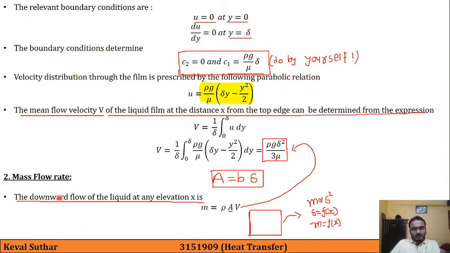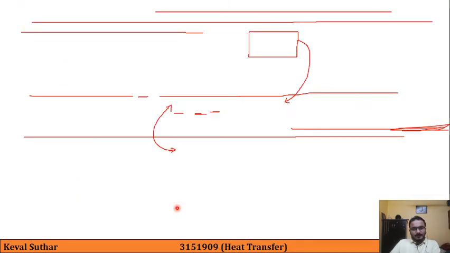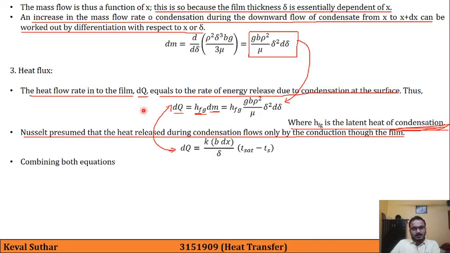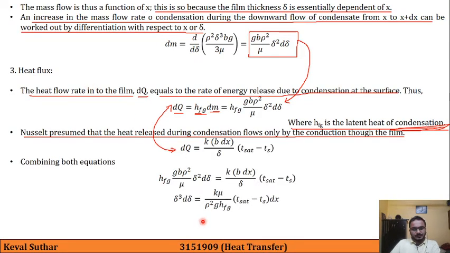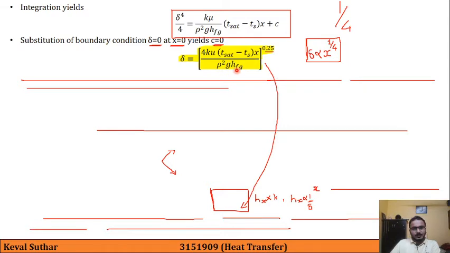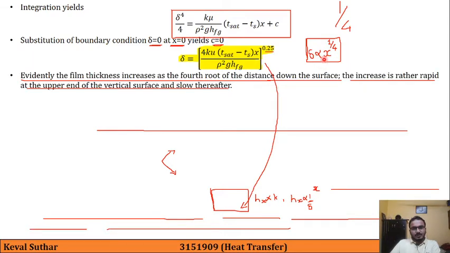Mass flow rate, the next is heat flux. And here we obtained that delta is proportional to fourth root of the distance down the surface.